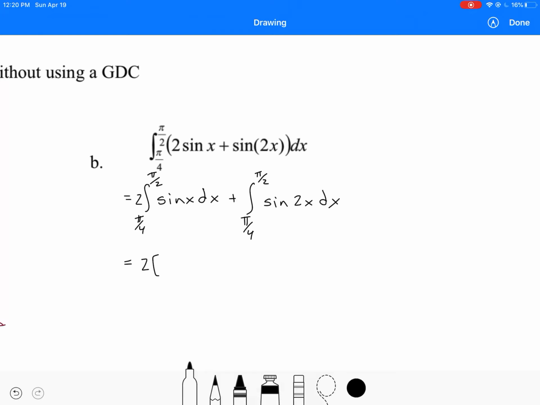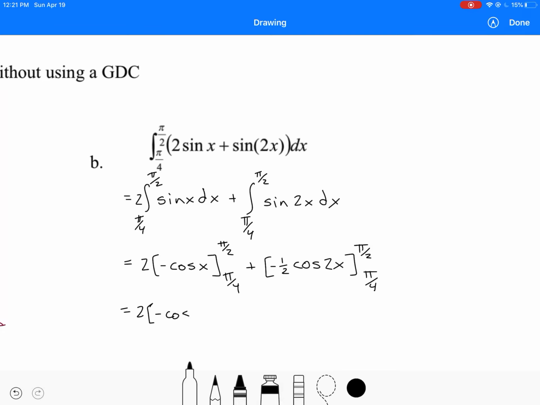So the integral of sine x is minus cos x, and I'm evaluating at pi over 2 and pi over 4. The integral of sine 2x, again, is going to be minus, and I just have that 1/2. So I've got minus 1/2 cos 2x, from pi over 4 to pi over 2. So now I'm going to substitute in my limits.